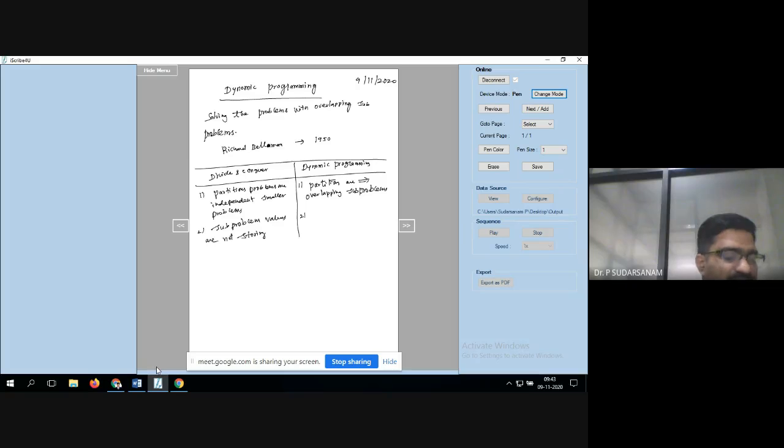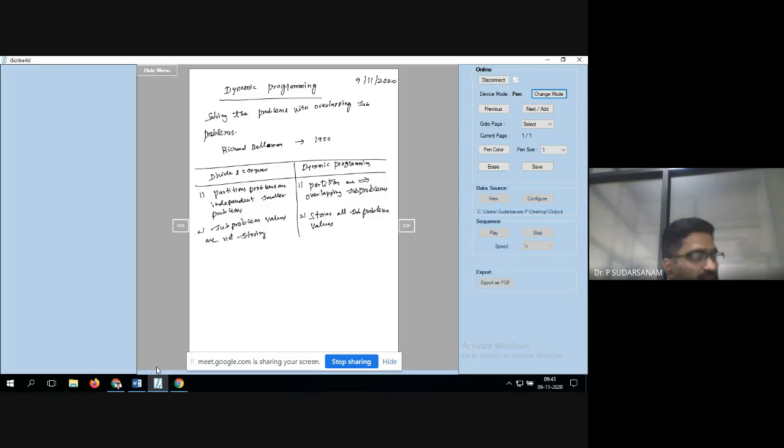But in this case, dynamic programming stores all the subproblem values.